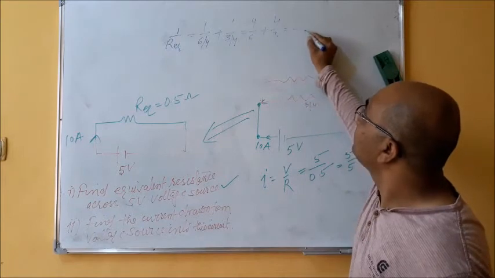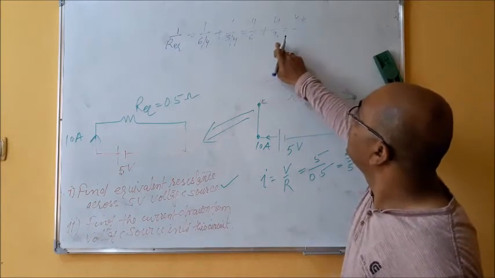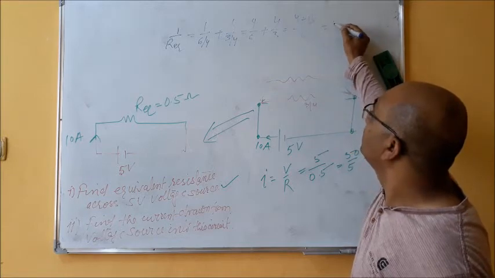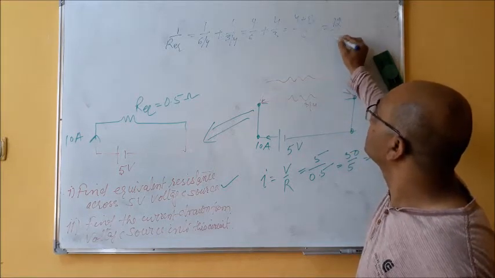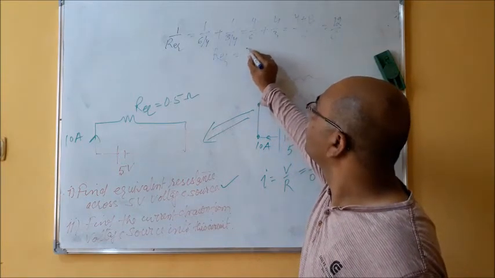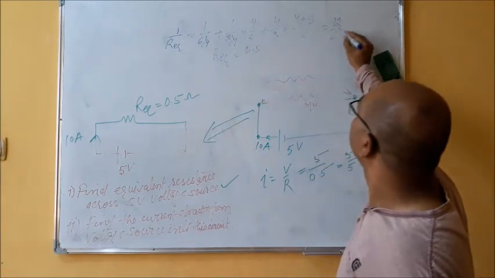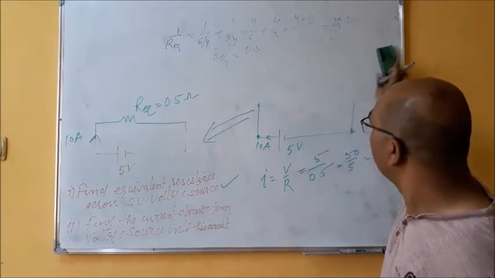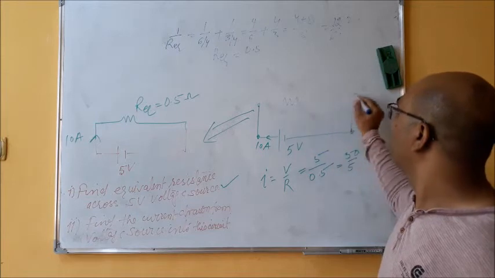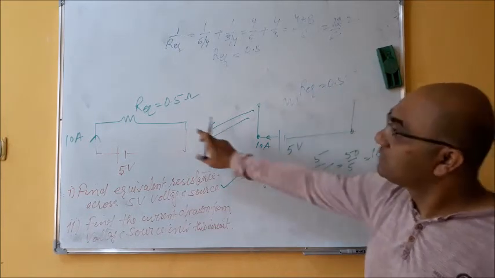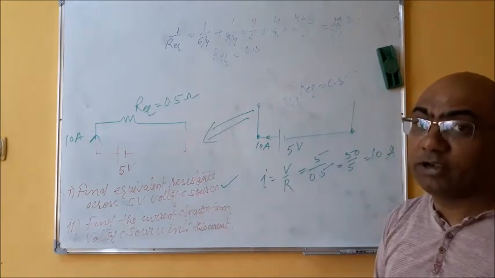Take 6 LCM. 4 plus 3 2s are 6, 2 4s are 8, 12. So this is 12 upon 6. So what is our equivalent? 0.5. Right? So now R equivalent is 0.5. So again you see the same, you are getting R equivalent 0.5.